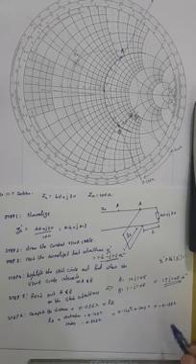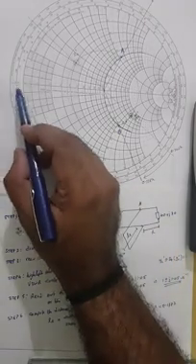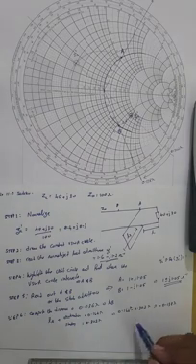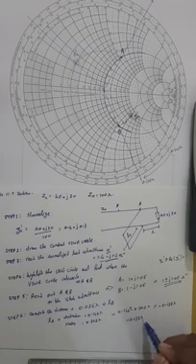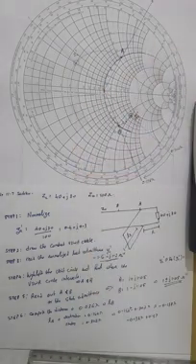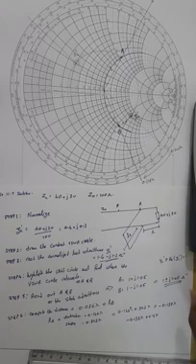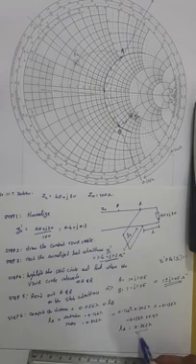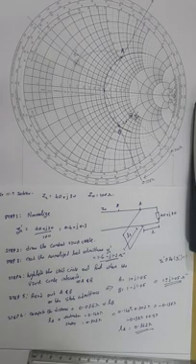Now distance cannot be negative, and you see that there is this 0 point coming in between. So what we've got to do over here is add this negative 0.138 lambda to 0.5 lambda, because the whole circle is 0.5 lambda. Plus 0.5 is going to give me 0.362 lambda. So LA is going to be at 0.362 lambda.